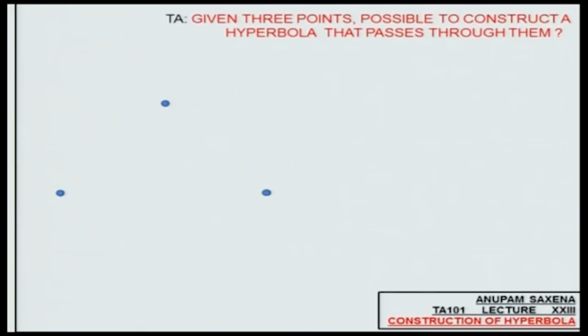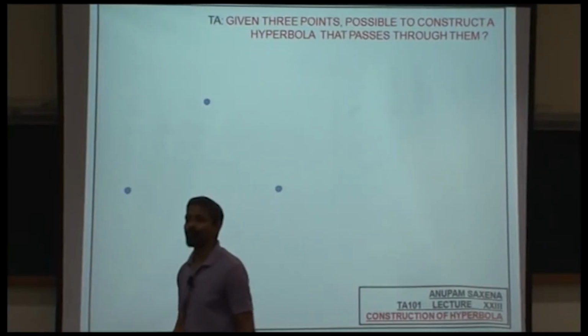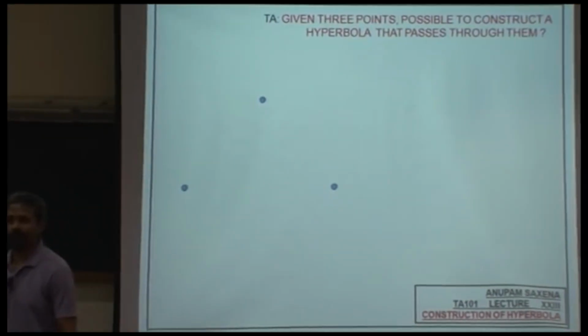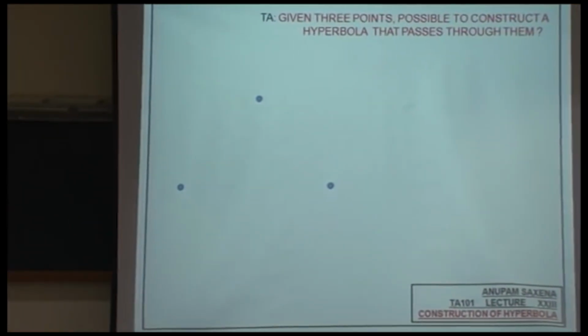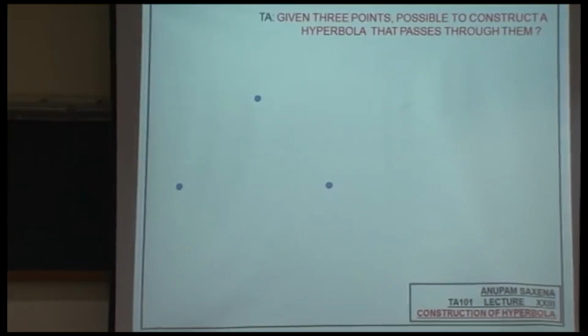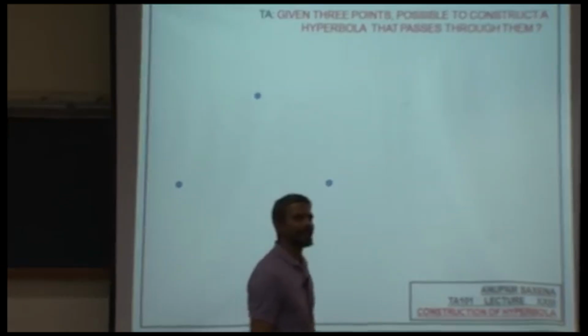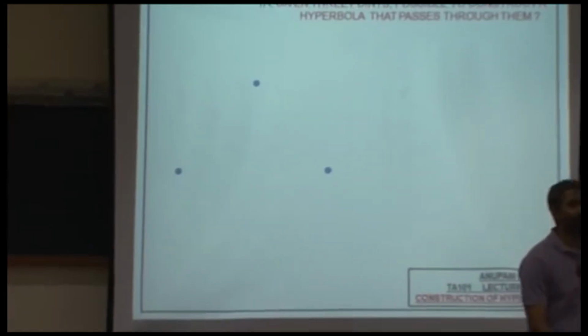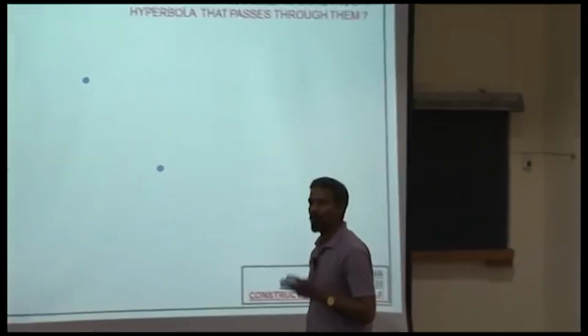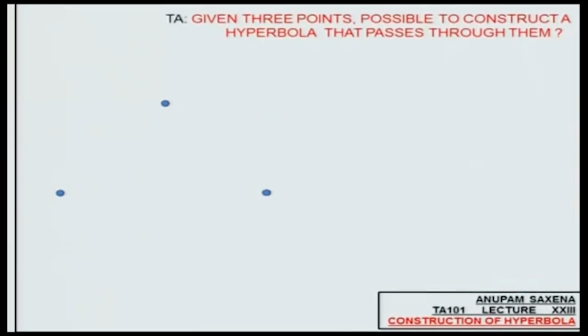Anyhow, so last time I ended up by posing this question to you. Given 3 points, is it possible for us to draw a hyperbola? Yes or no? Who says yes? Given 3 points, is it possible for us to draw a hyperbola that passes through these points? Okay.